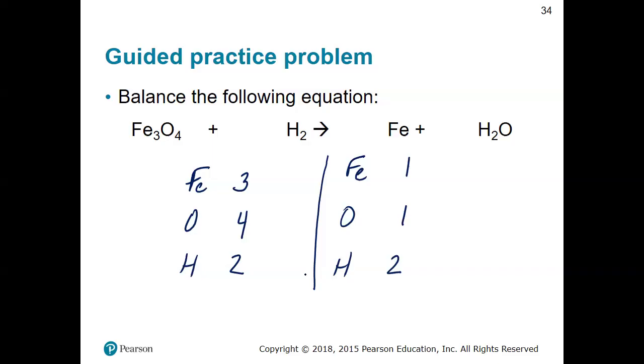And since hydrogen is only present in 1 molecule on each side, logically speaking, I can infer that whatever the coefficients are for 1, they're going to have to be the same on the other side because the 2 are already balanced out.